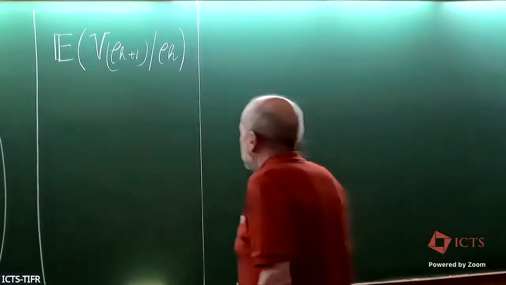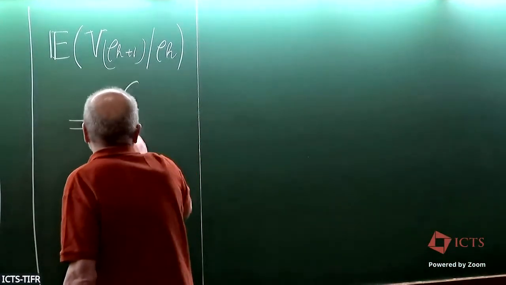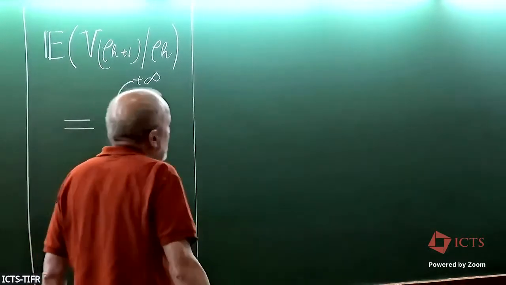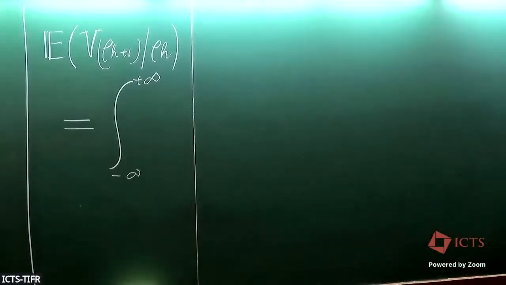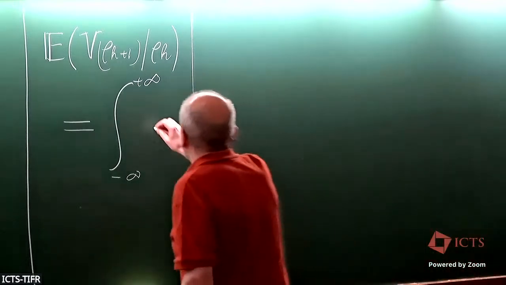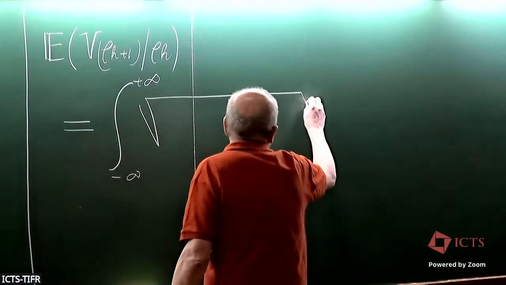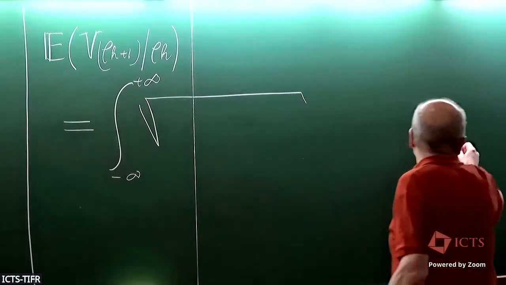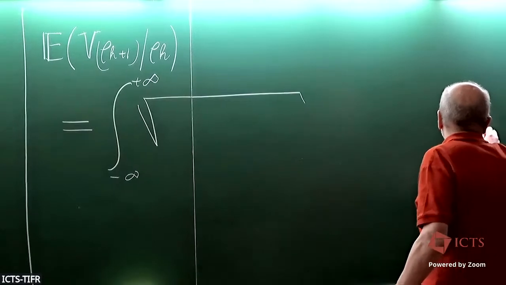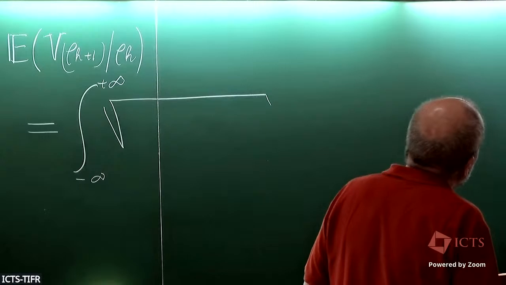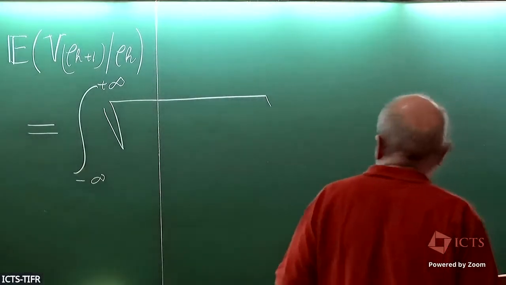So it will be an integral. And I assume that rho k plus 1 is this guy here. So it is the square root, and it is dy here, of course.